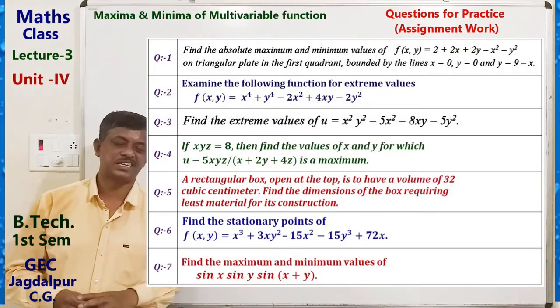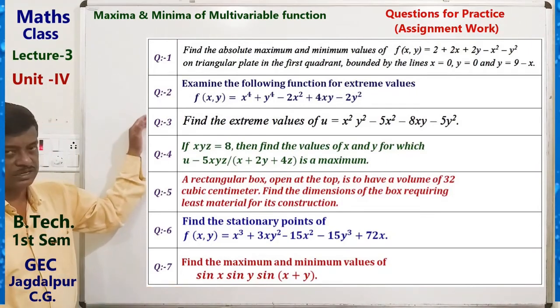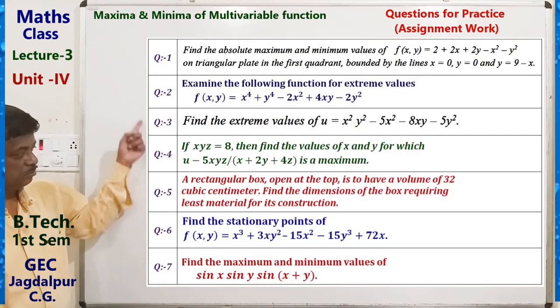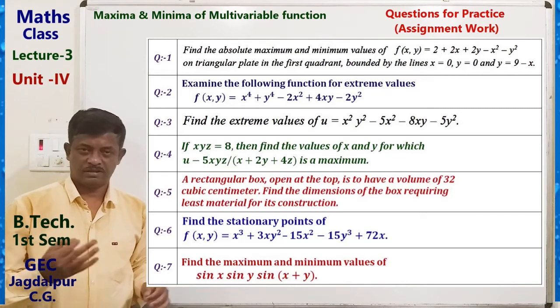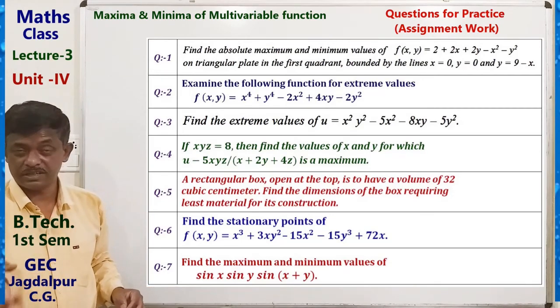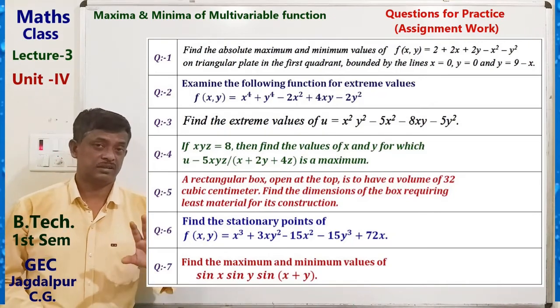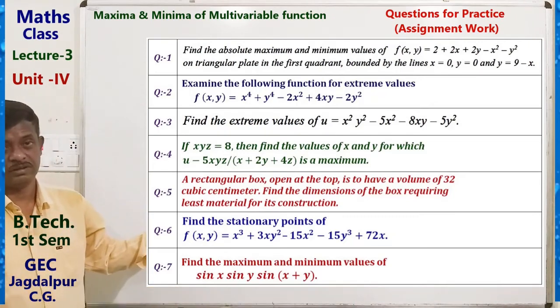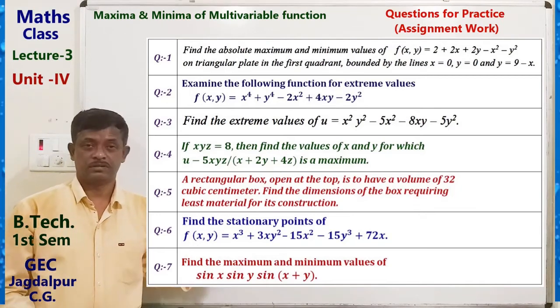and then you can solve for stationary values. After getting the stationary values, at each stationary value just find R, S, T and check whether RT minus S square is greater than 0 and see the sign of R. If RT minus S square is greater than 0 and R is less than 0, maximum.